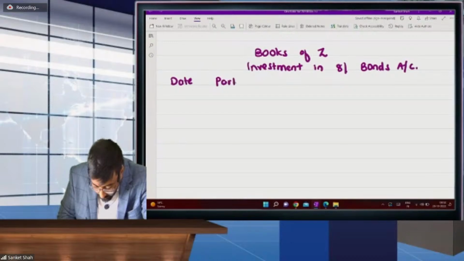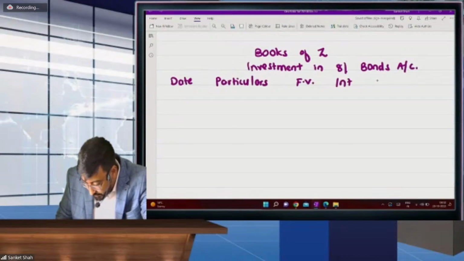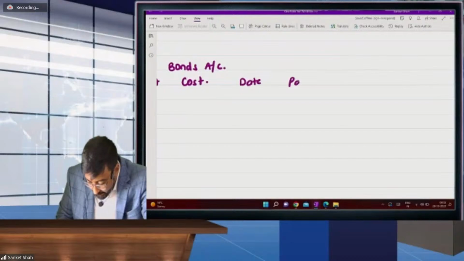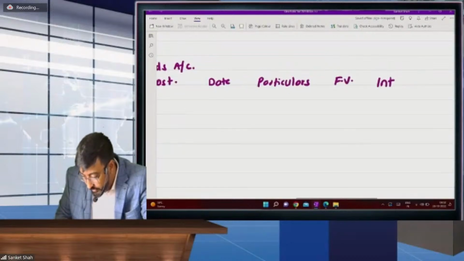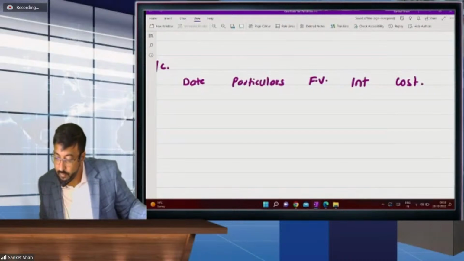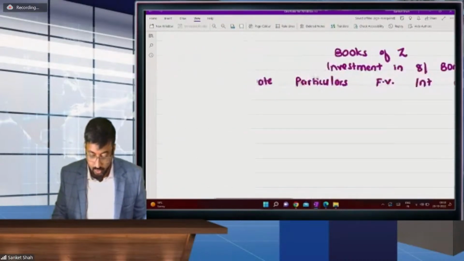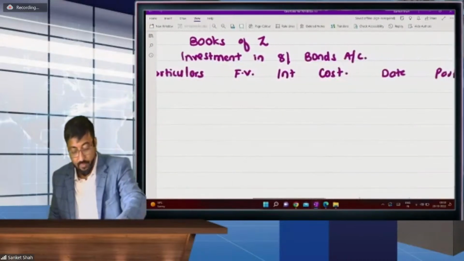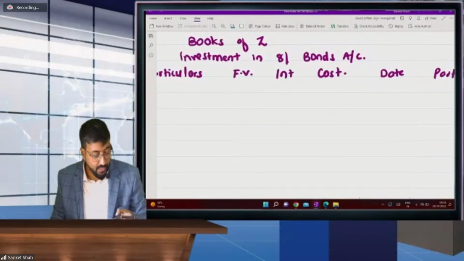Date, particulars, face value, interest, cost, date, particulars, face value, interest, cost. Draw it nicely, beta. You can take it on 2 pages if you want.